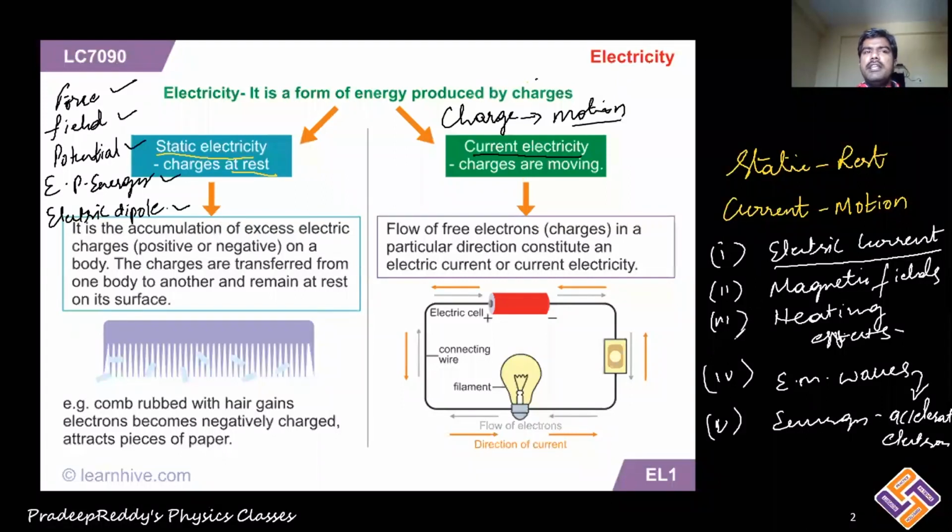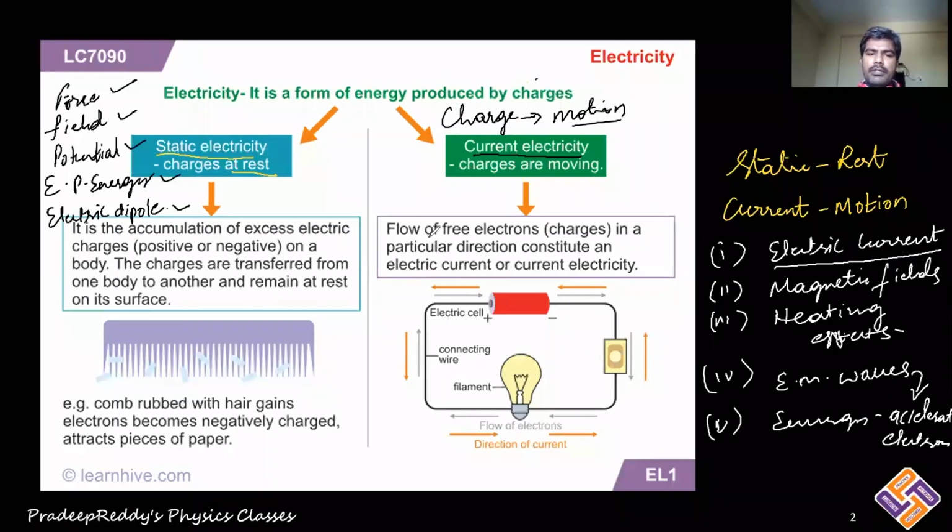The next three chapters are a part of current electricity. In those chapters we will be learning about the effects of moving electrical charge itself. In this chapter, we will be dedicating ourselves only to the electric current, right? As the name itself indicates, current electricity means that charges are in motion. The study of effects of moving charges is discussed under current electricity.